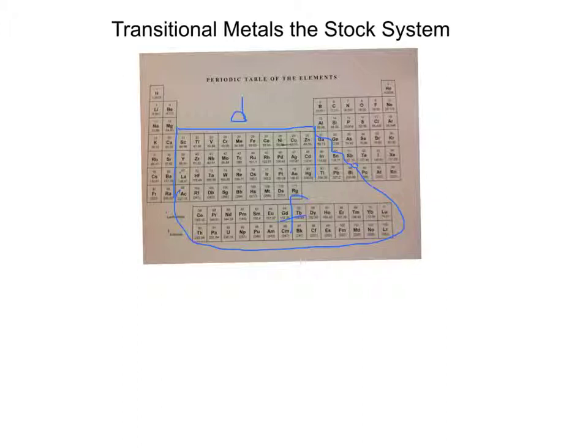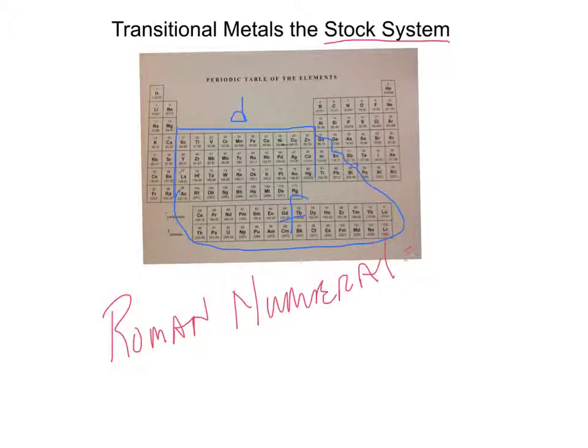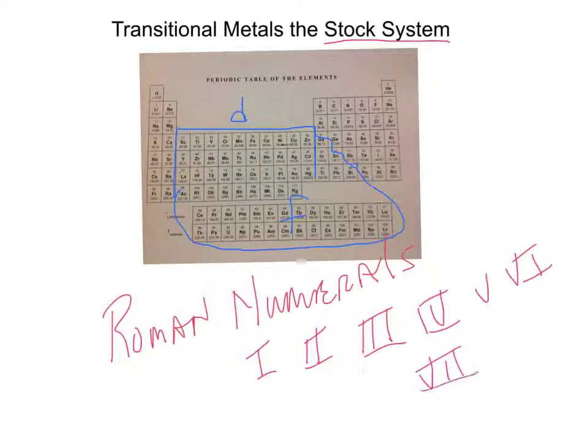So we have to use something that's called the stock system, and the stock system is where we're going to use Roman numerals. Write that down here for you so you can see it. Roman numerals as in like 1, 2, 3, 4, 5, 6, 7, 8, 9, and 10.